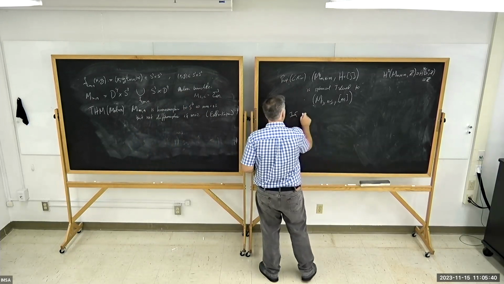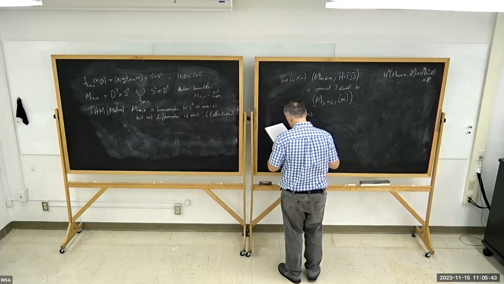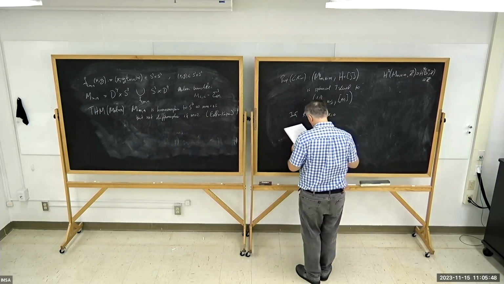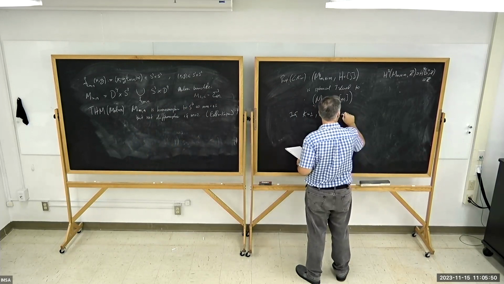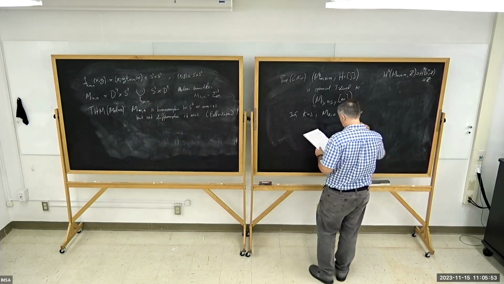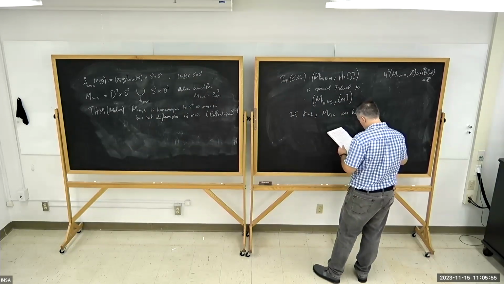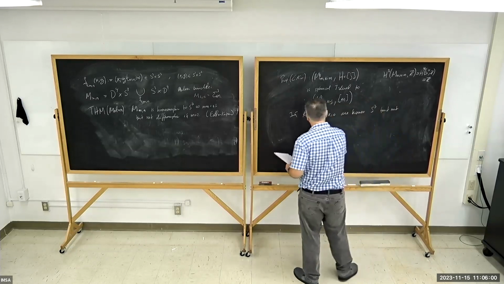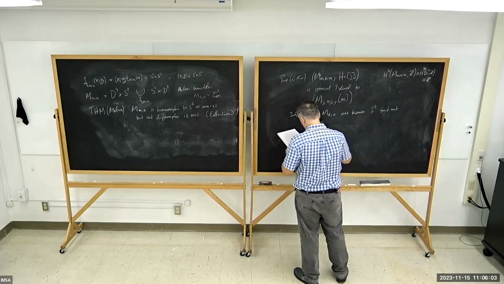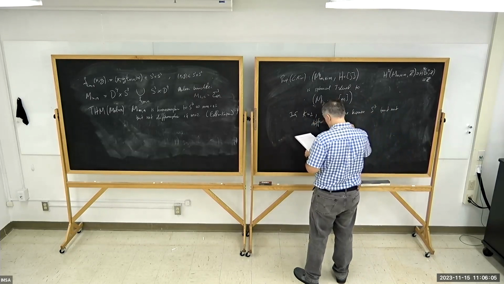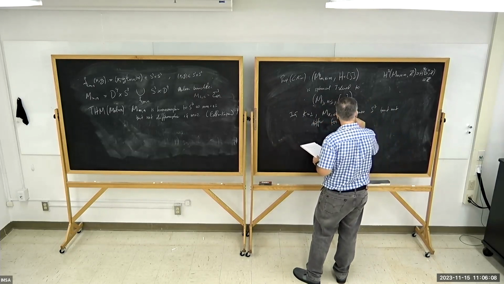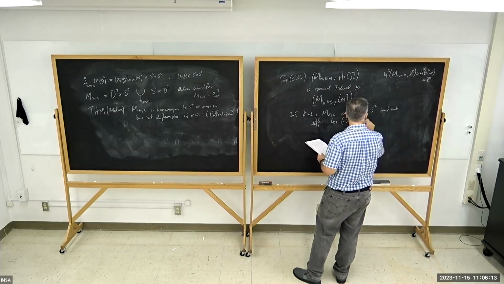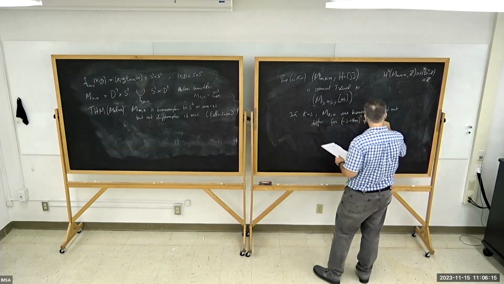If k is equal to 1, we have these are all homeomorphic to S7 but not diffeomorphic, with 2n squared plus n equal to 1 mod 7.